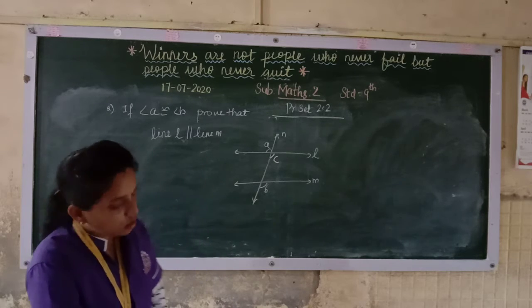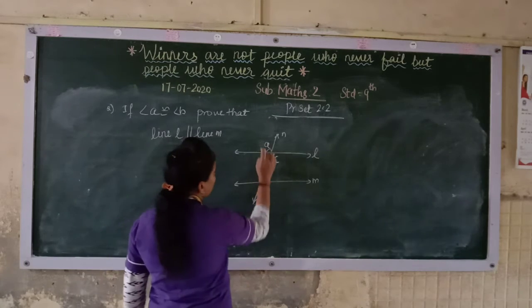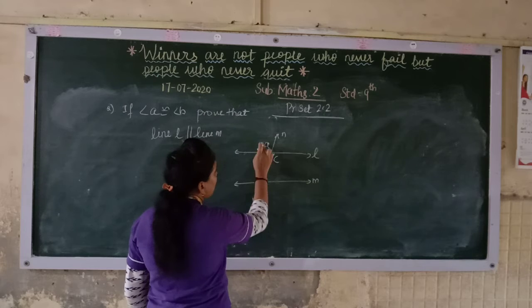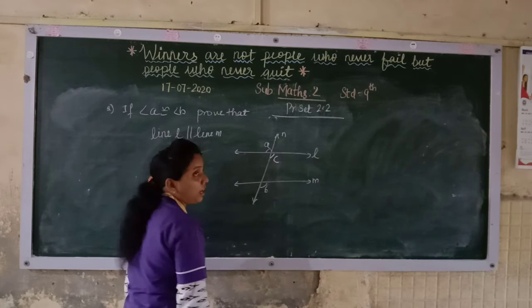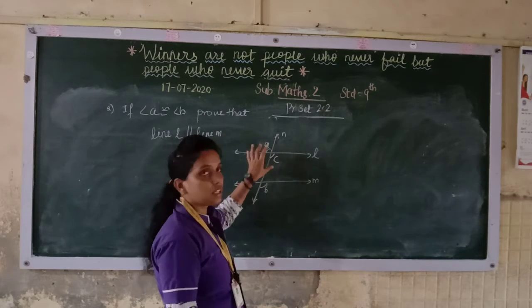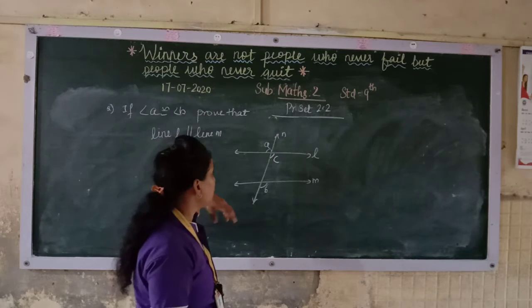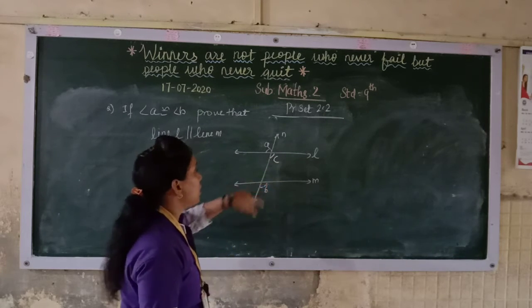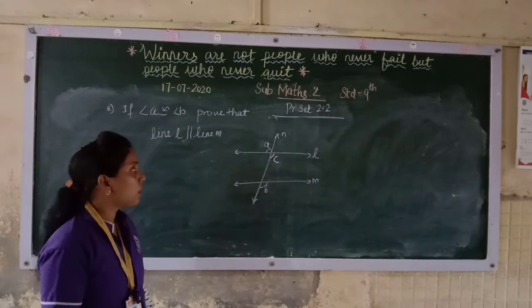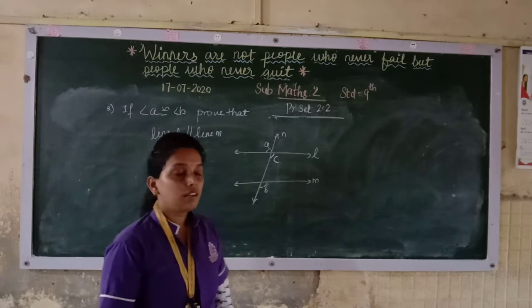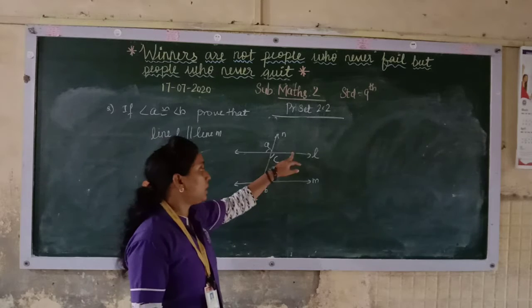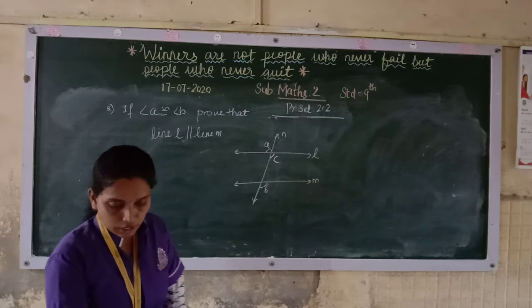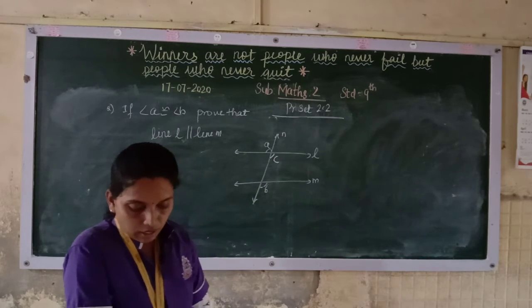A is also congruent to C, because they are vertically opposite angles. So what you will get? That B is congruent to C. And B and C are what? They are corresponding angles.